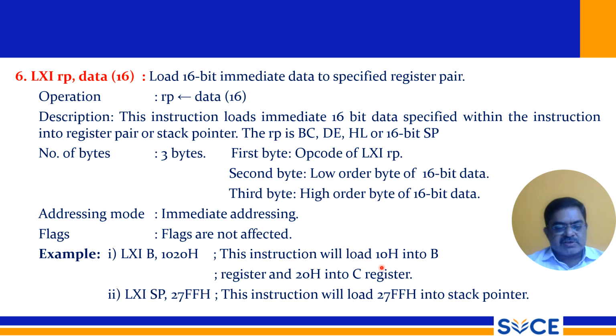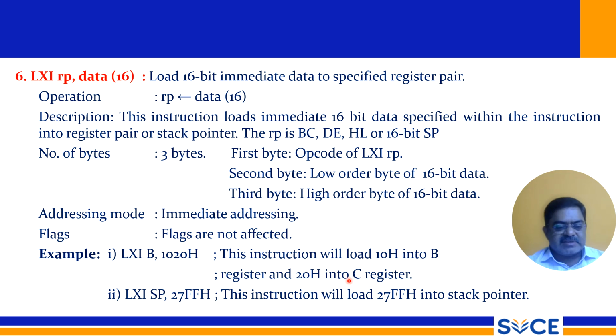So here, LXI B, 1020H. This instruction will load 10H into the B register and 20H into the C register. So this is LXI B, 10 20. Now the 10 is loaded into the first register, that is B, and the next register is C, and 20 is stored in C. So the data is stored immediately into the register pair.